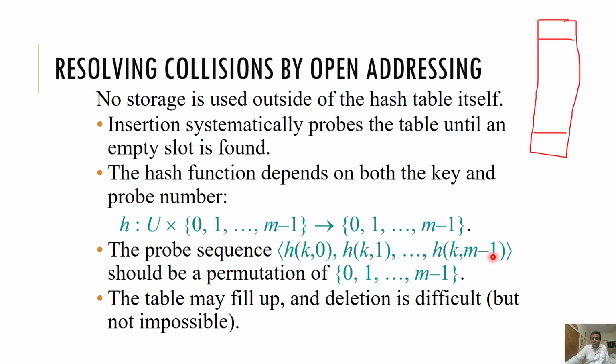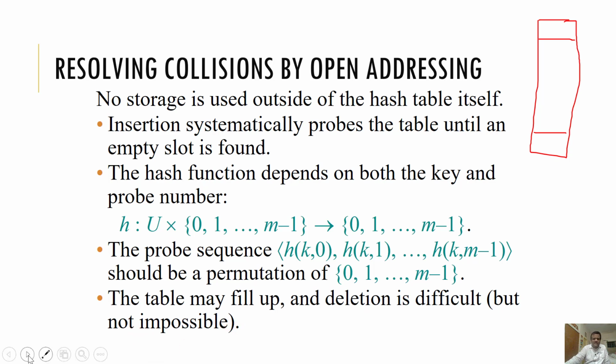Like this we continue, and this sequence should be a permutation of the slot sequence, because it should hit different slots. Now we will see that deletion may not be straightforward and needs some trick, but it is not impossible, we will see that.